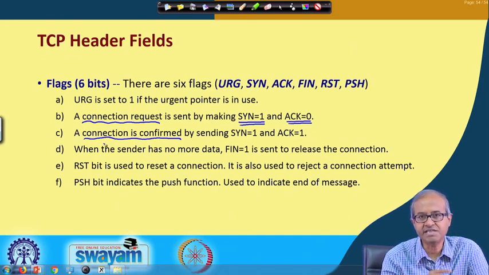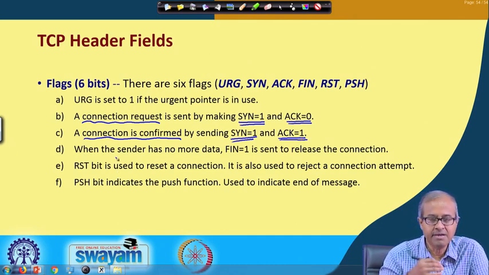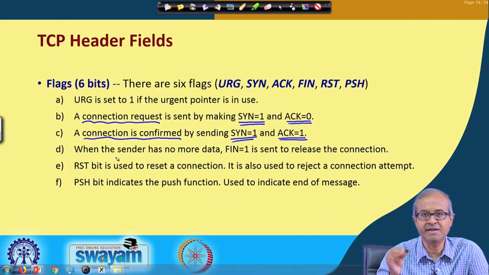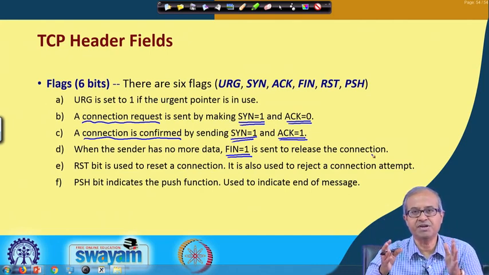So, when a connection is confirmed, then the SYN and ACK both are set to 1. And during sending, if the sender has no more data, it has finished sending the data, then the FIN flag will be set to 1, so that the connection can be released. So, when the connection has to be terminated, this FIN flag is set to 1.